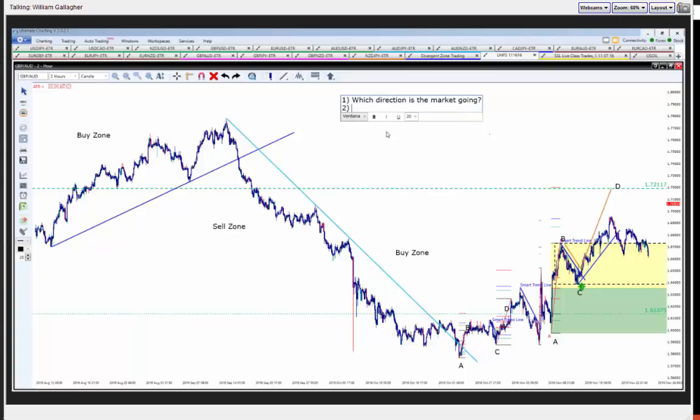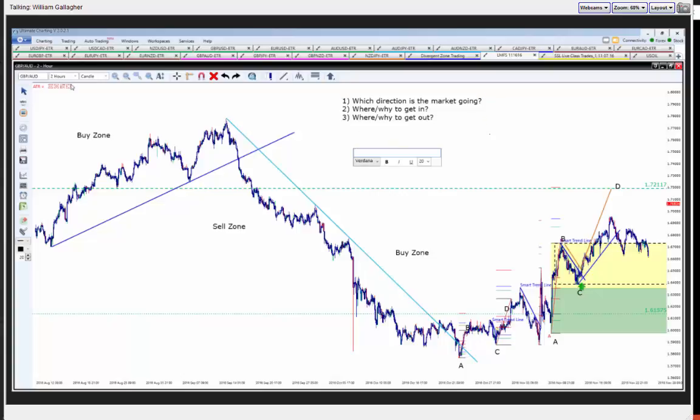Is it going up or is it going down? Number 2, you need to determine where and why to get into a trade. And then number 3, where and why to get out. So before we place our trade, we need to have an educated opinion as to which direction we believe the market's going, where and why we're getting in, and where and why we're getting out.